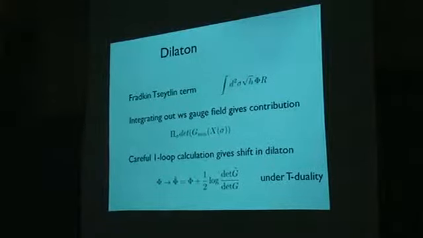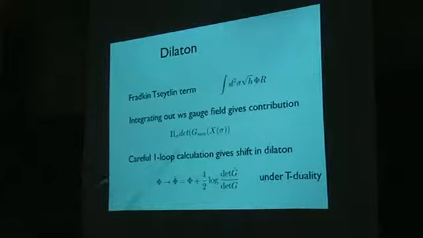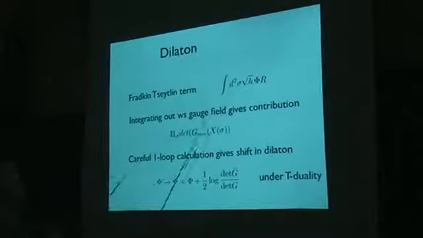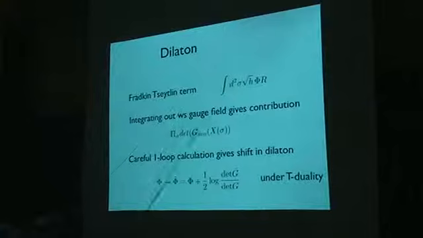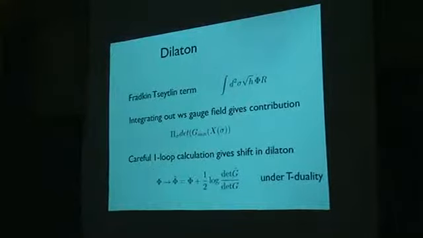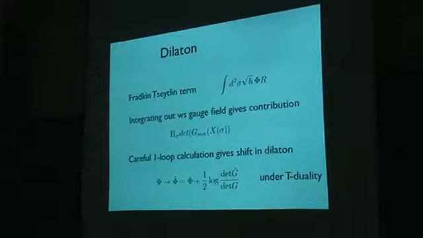And one can show that a careful one-loop calculation results in a shift of the dilaton. It gives rise to a curvature term on a curved world sheet, and as was shown by Buscher and Schwarz, this gives rise to a shift of the dilaton, which can be written in this way. So under T-duality, as well as the transformations of the metric and B field, there is this transformation of the dilaton.